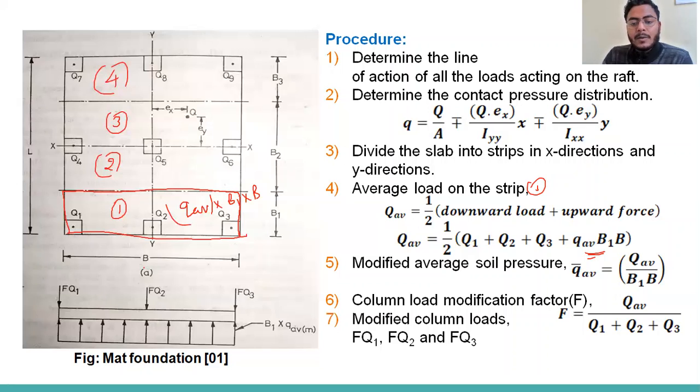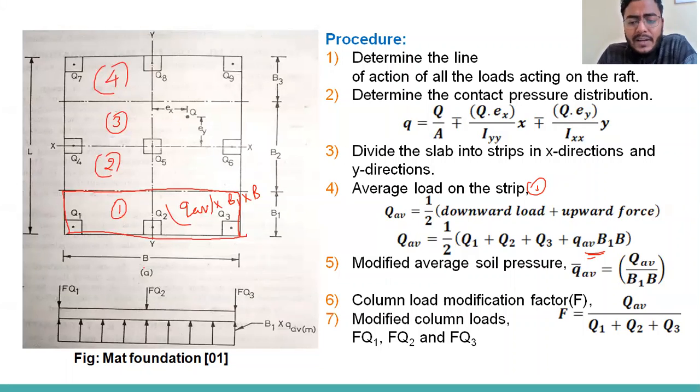Now we can calculate the modified column loads, and that will be F into Q1. Every load we multiply with the column load modification factor, so we get the modified column loads.